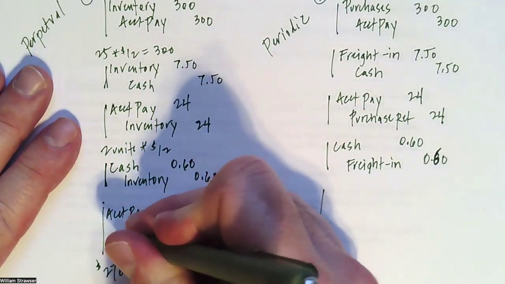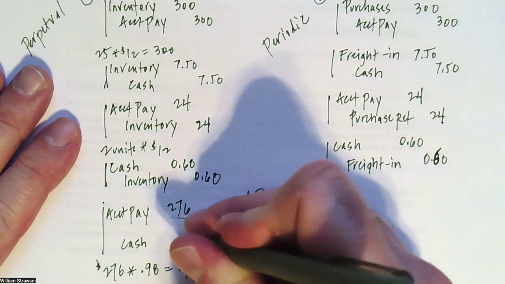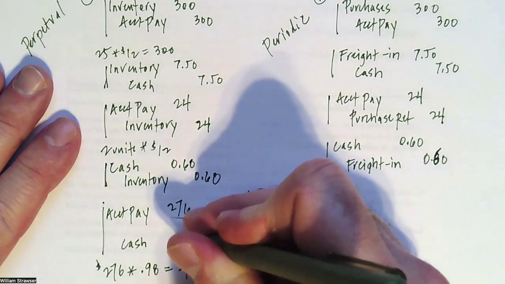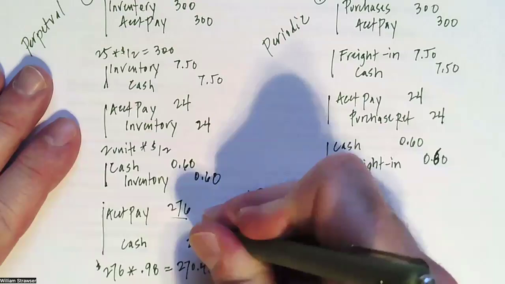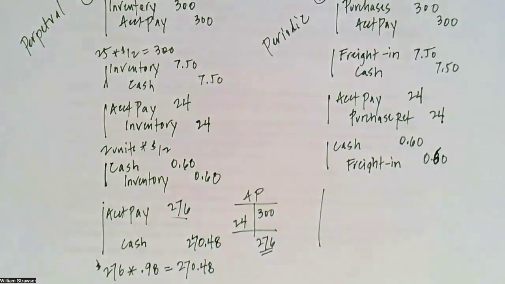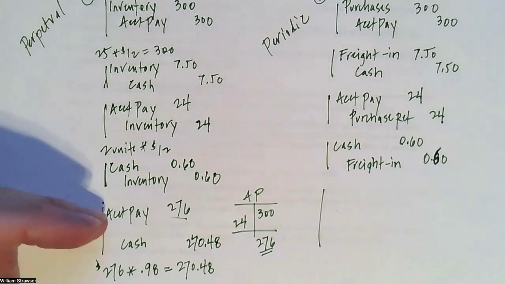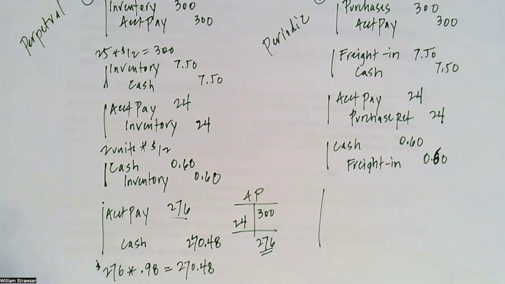That's the amount of cash I have to pay in order to settle out my account with the inventory vendor and get rid of my liability. But remember, I like to record these as the two main accounts.